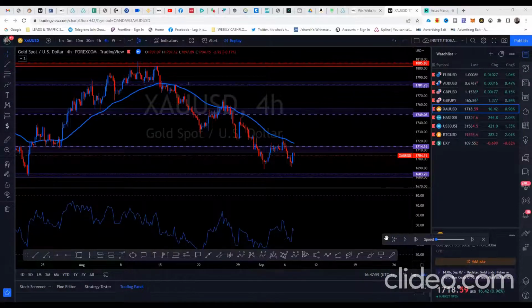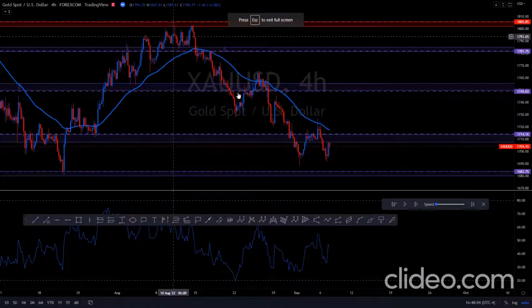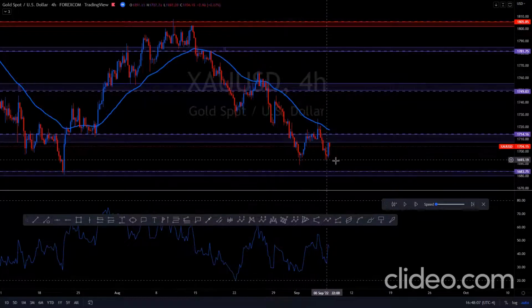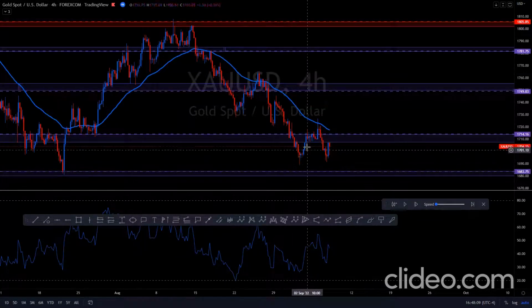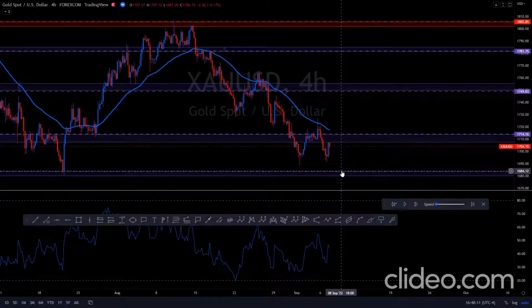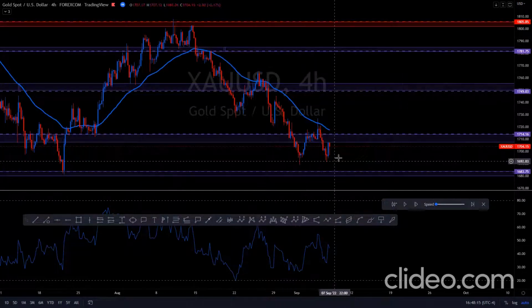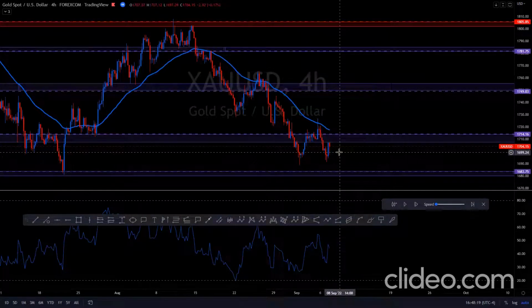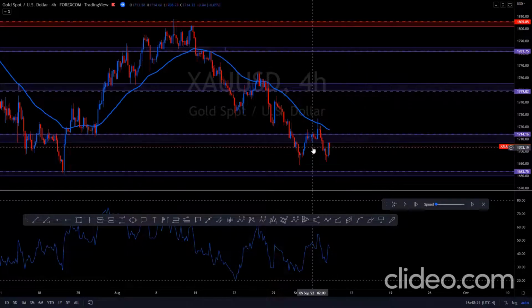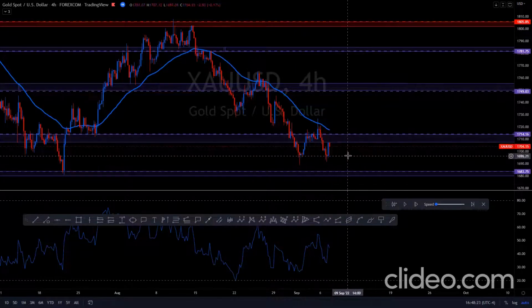So what I got into this trade this morning, it looked like we were in the bear market, but it actually looked like price was testing the demand zone here, because I can kind of see the structure.